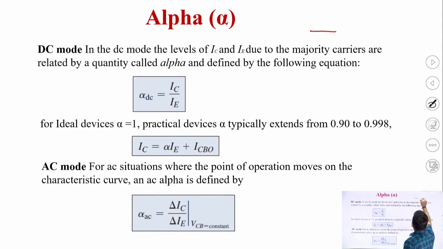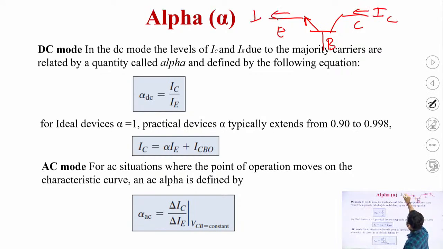What is the current gain for the common base configuration? So this is the emitter terminal, base, and this is collector. Gain is basically referred to as the output quantity by input quantity, and if we are considering the current gain, it is the output current IC by input current IE.